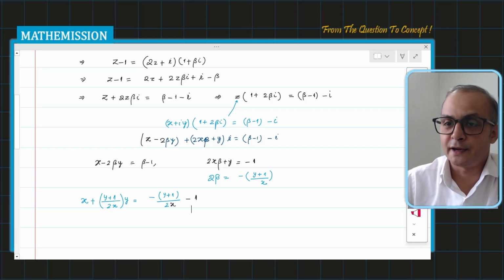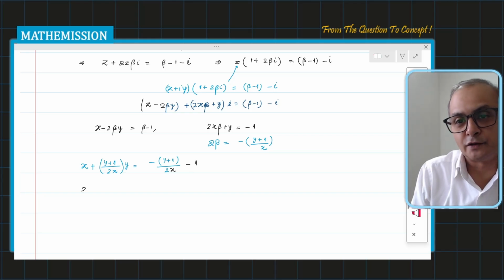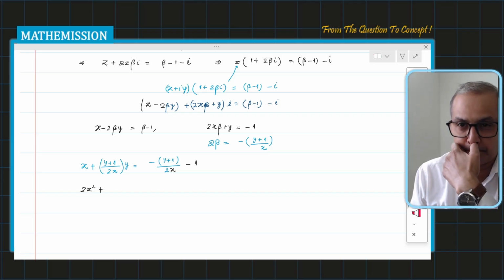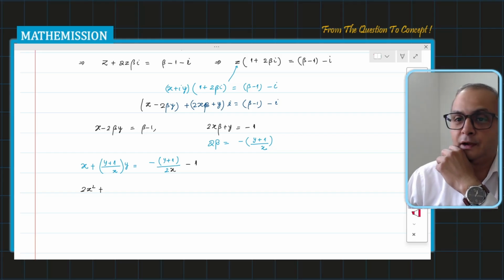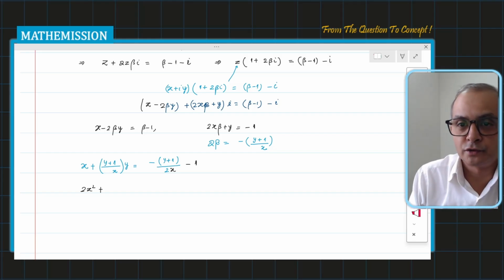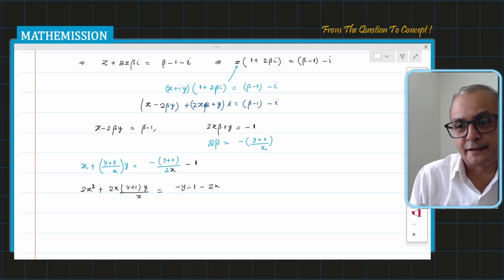Now multiply the entire equation by 2x so that I can kill this. So it will give you 2x squared, and by the way, here it will come x, not 2. So this will give you 2x square, and this will give you 2x times y plus 1 into y by x, and here the 2x is gone, so y minus 1 and minus 2x.